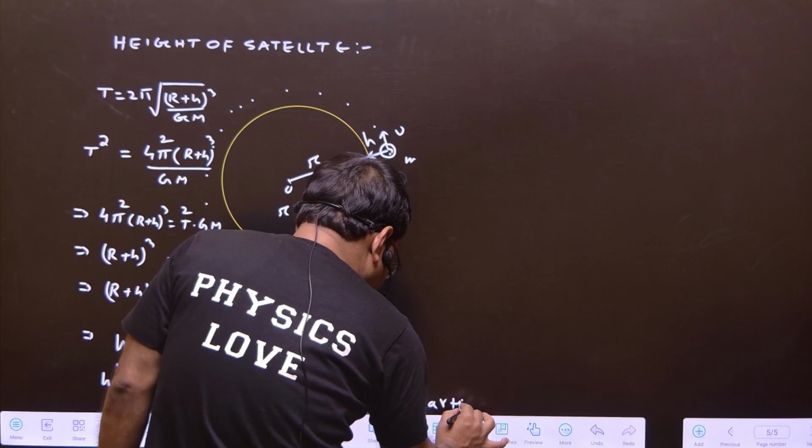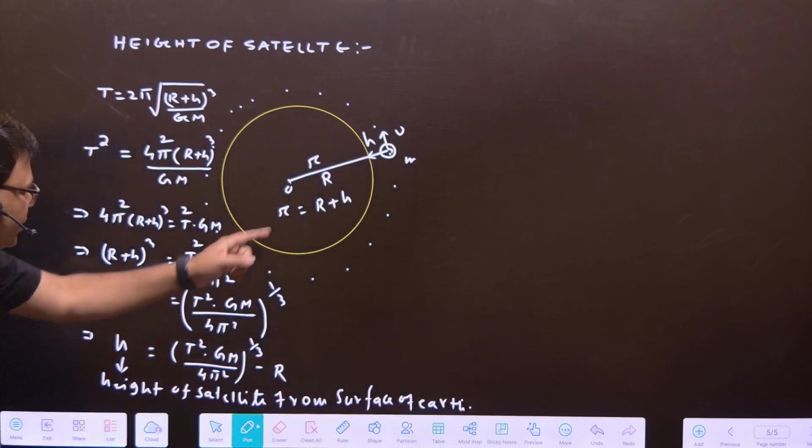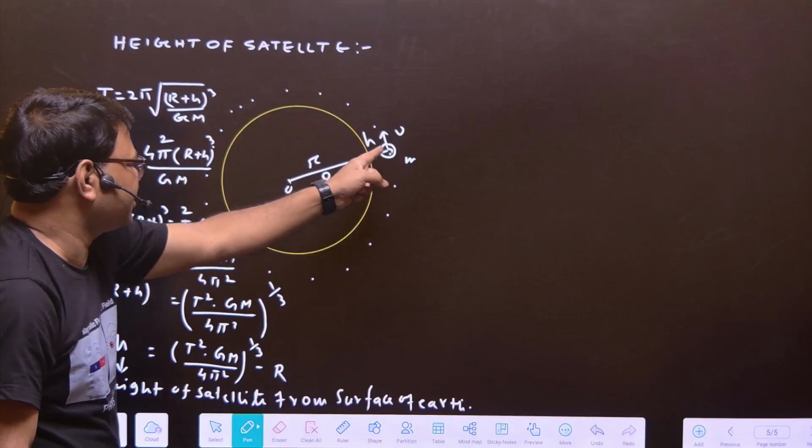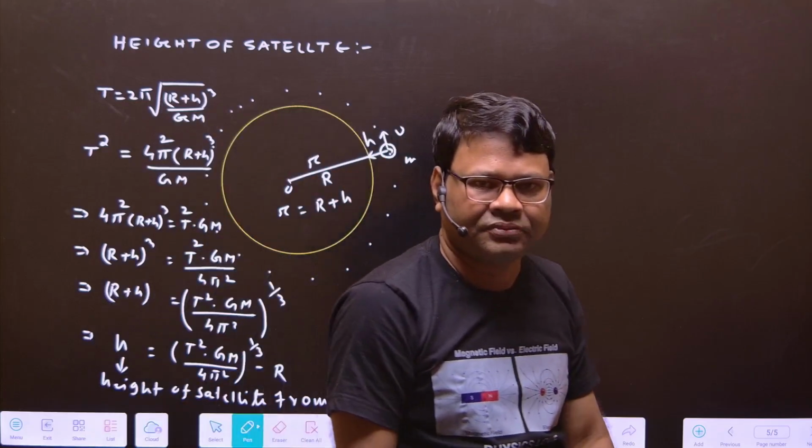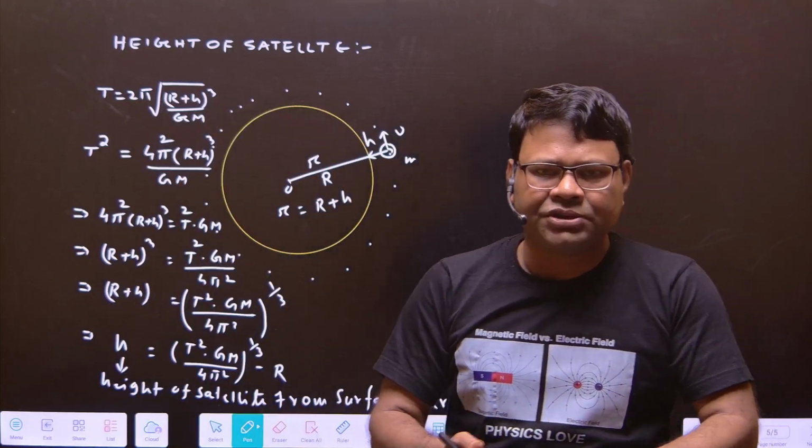Clear? From the surface of the Earth. This is the surface. From the surface of the Earth, h is equal to this one. This is the expression.